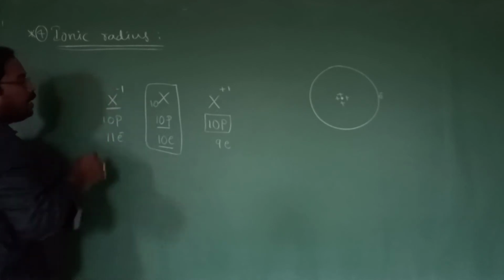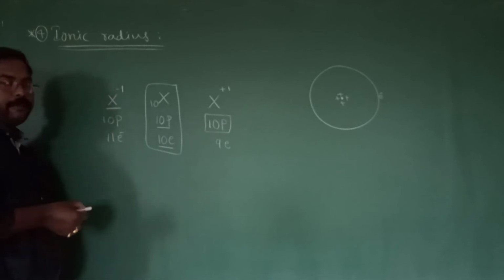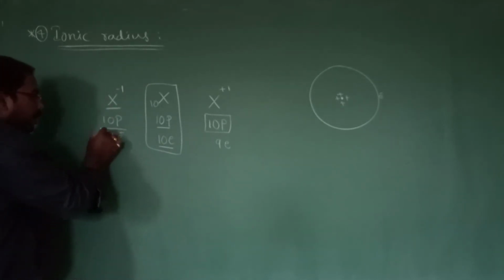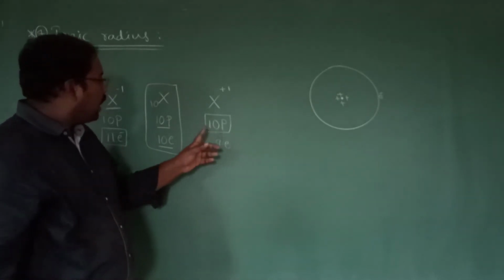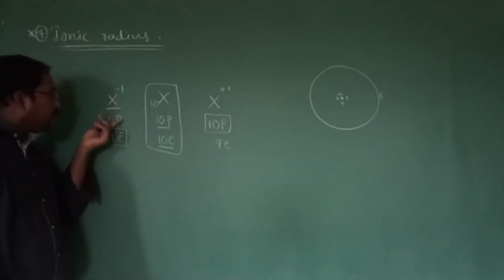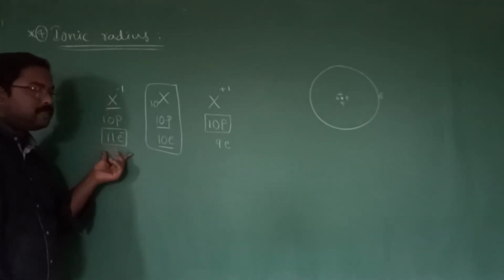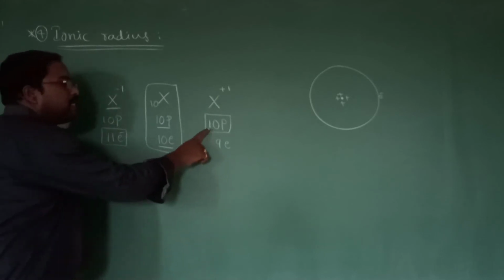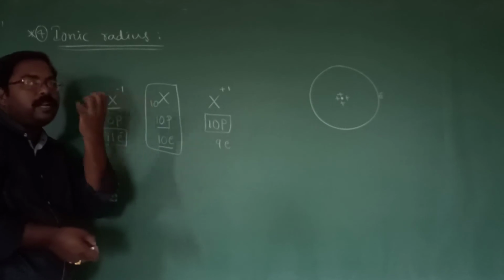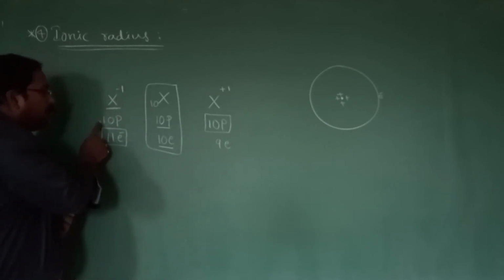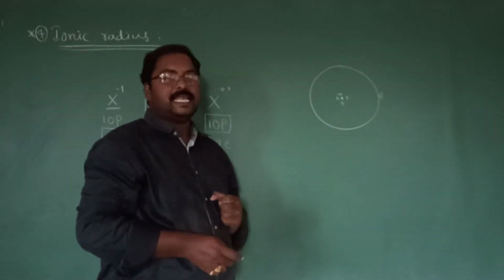If you observe this third case, it is quite opposite to the cation, because here the amount of negative charge is more. Compared to this, the nuclear charge on the electrons is less. You understood this? In the cation, the positive character is more, so it attracts the electrons very strongly. But coming to here, compared to the negative charge, the nuclear charge is less.